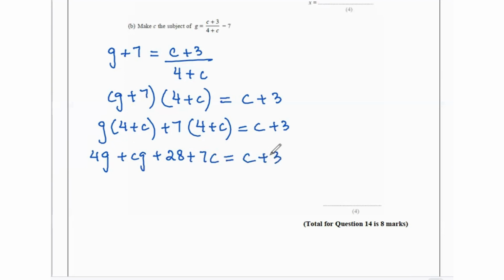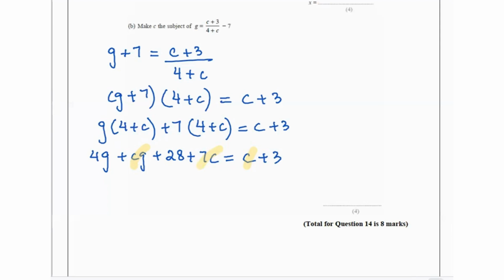Next step is very important. What you need to do now is you need to collect all of the terms with the variable C on one side. So we know that the terms with variable C are CG, 7C, and C. These three terms need to be on one side and everything else needs to be on the other side.